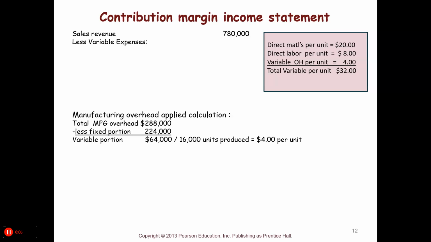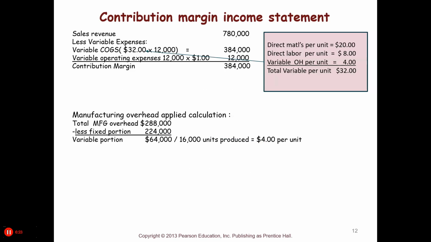Now, to get our total variable cost per unit, we're going to take our direct materials, direct labor, and variable overhead, and now we have a rate of $32 per unit. So that's how we get our variable cost of goods sold. Then we're going to take our variable operating expenses, and that tells us our contribution margin is $384,000.